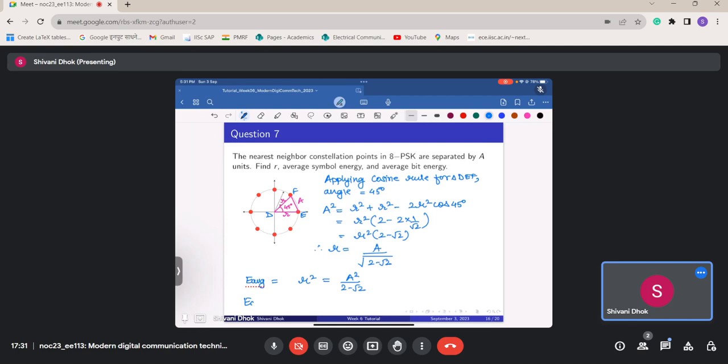And the average bit energy will be equal to E average, again, this is an 8-point constellation, which means log 8 to the base 2 will be equal to 3. So this is upon 3, and this comes out to be A square upon 3 multiplied by 2 minus root 2.